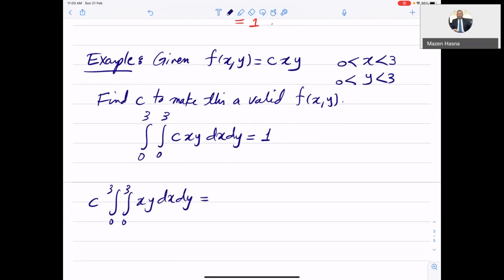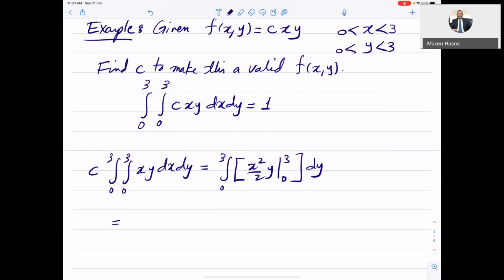So first you integrate with respect to x. When you integrate with respect to x, y is a constant, so x squared over 2, y, from 0 to 3, dy, which is integration from 0 to 3, 9 over 2 minus 0, y dy, and we have c, of course, outside.